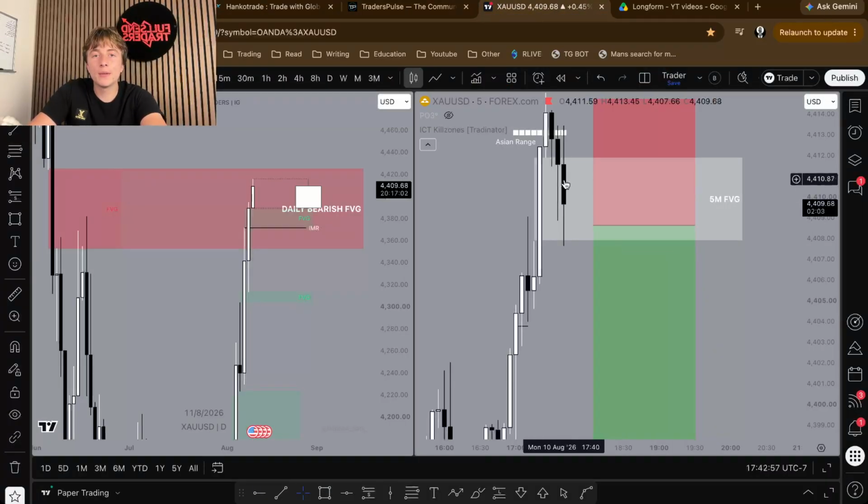Three more minutes. We need price to actually close below this gap in order to take this trade. If it closes inside of it, that's still bullish, and we're not going to get an entry.